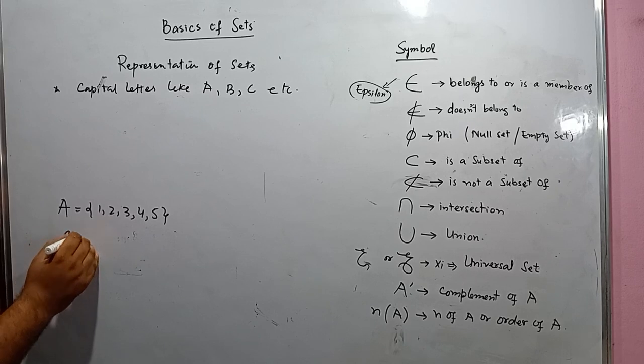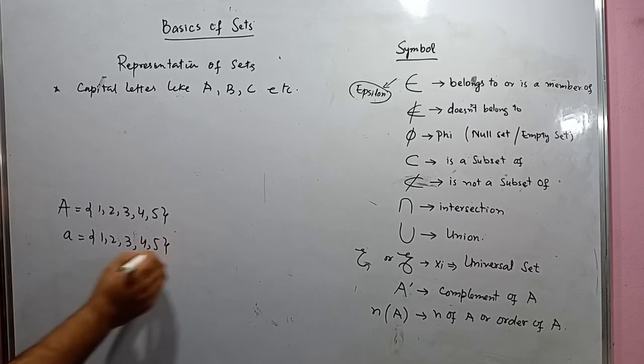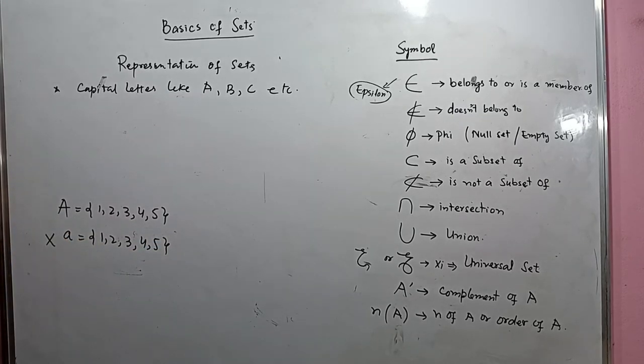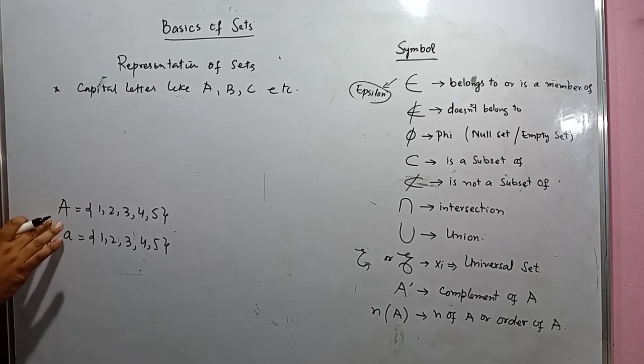If I write small a equals 1, 2, 3, 4, 5, this is the incorrect way. Why? Because sets are represented by capital letters.